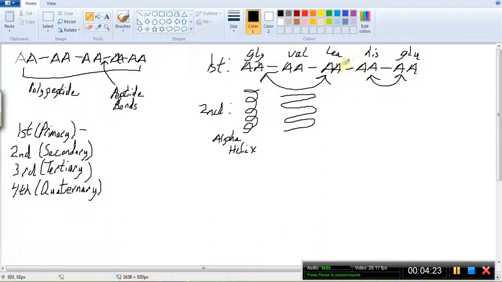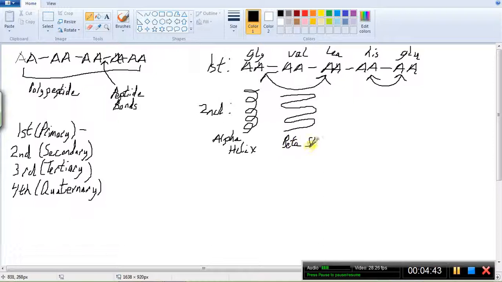This primary structure, the long chain of amino acids, kind of moves and folds itself into a shape that looks like an alpha helix. So you can imagine this here is just a long chain of amino acids that has folded and shaped itself to look like a helix. It's called an alpha helix.